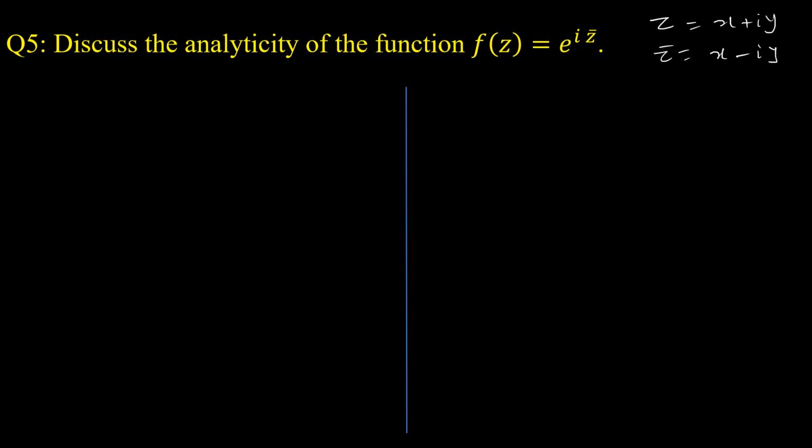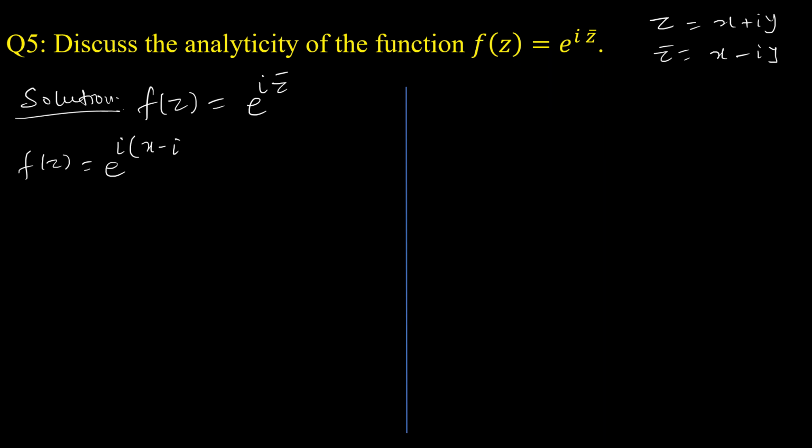So what we have given the function, first we simplify it. So fz is equals to e to the power i z bar. That can be written as here fz is equals to e to the power i x minus iy. So it can be written as e to the power ix plus y. So we can write y plus ix.